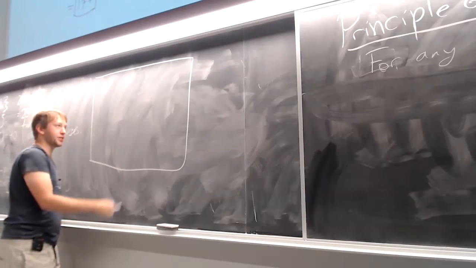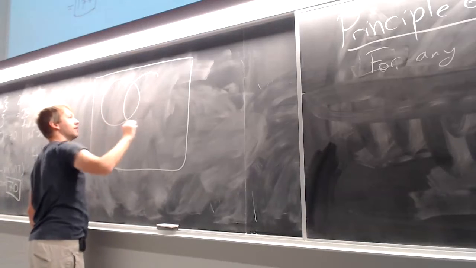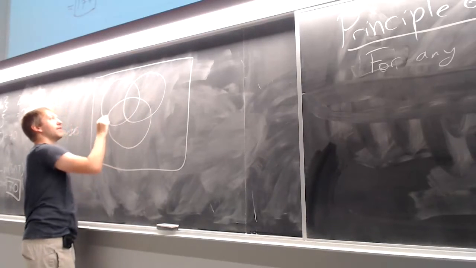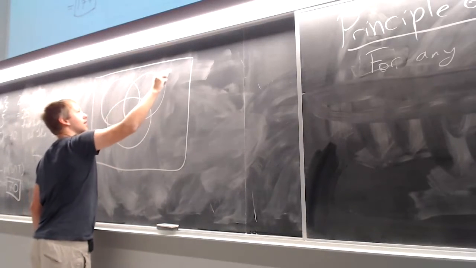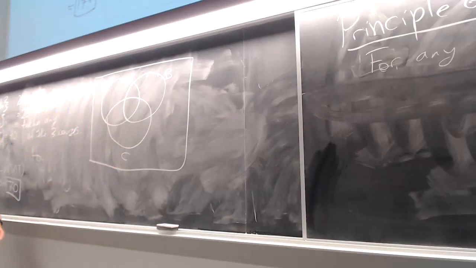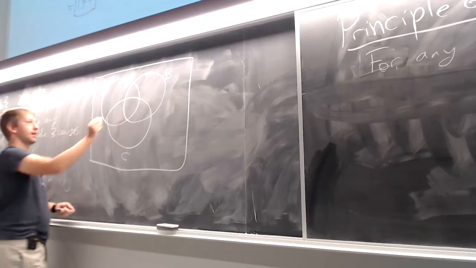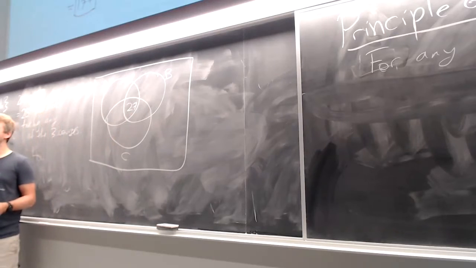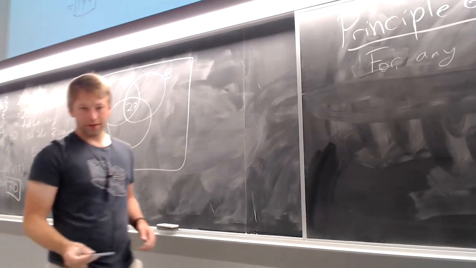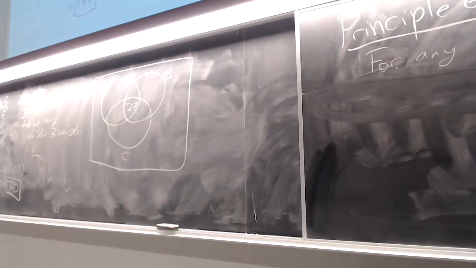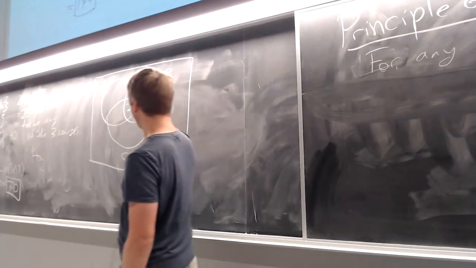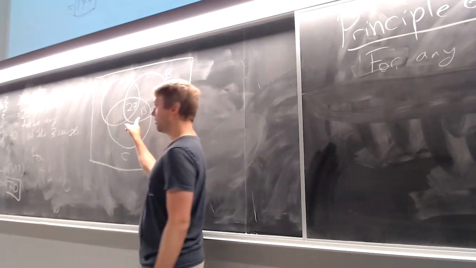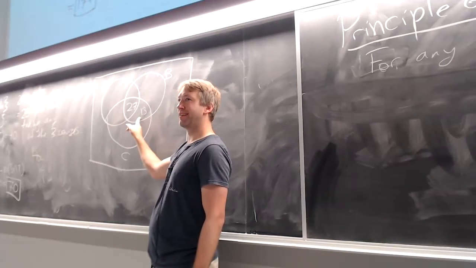Let me just quickly show you how to check your answer with the Venn diagram here, and then we'll be done. So the question tells you that there are 27 students in all three classes. It tells you that A intersect B has size 40, which means that there's 13 students in that segment, right?